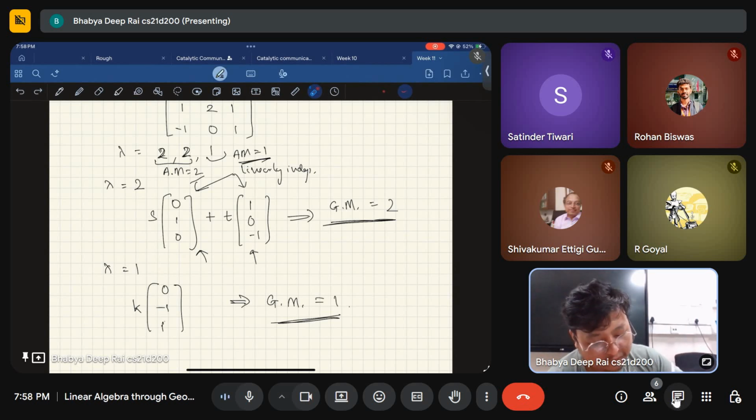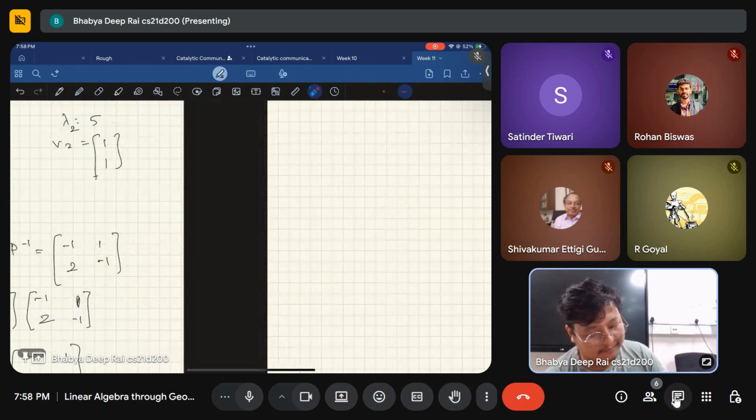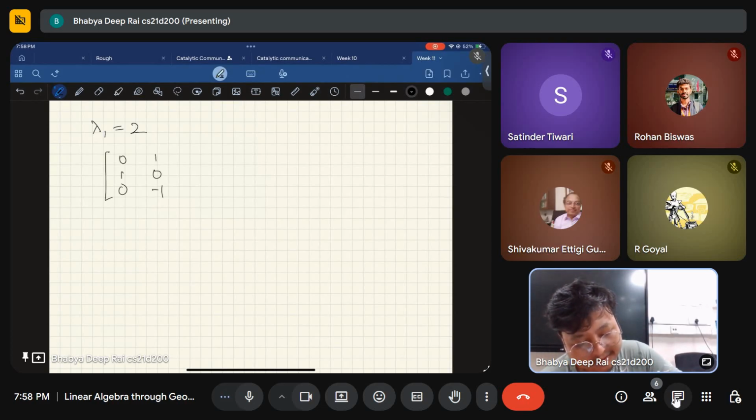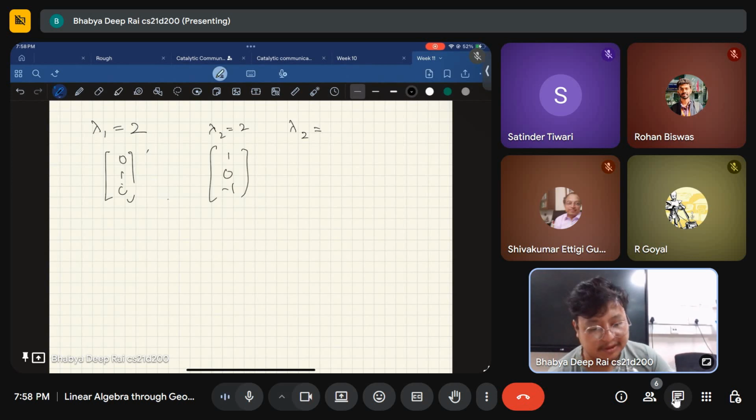Okay, so you have 2, 2, 1, and you have 0, 1, 0, 1, 0, -1. So you have lambda 1 equals 2, and here you have 0, 1, 0, 1, 0, -1. And here you have lambda 2 equals 2, 1, 0, -1.